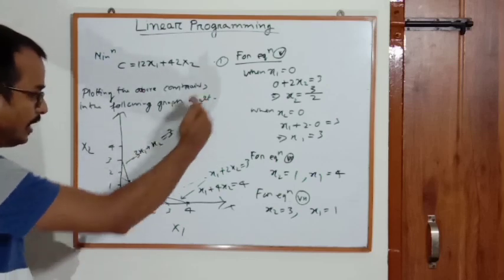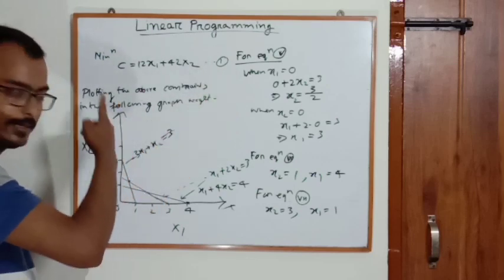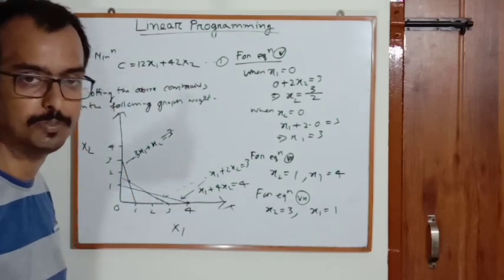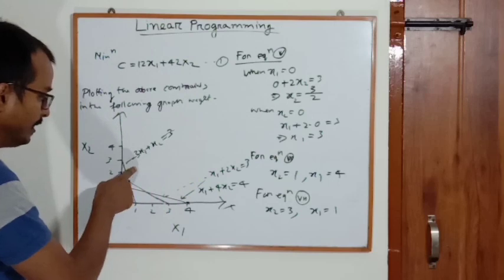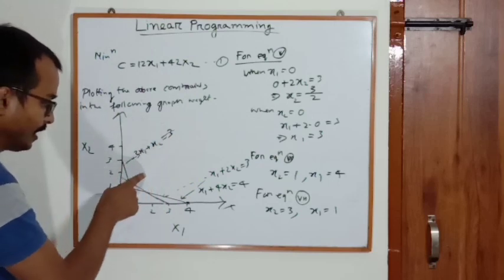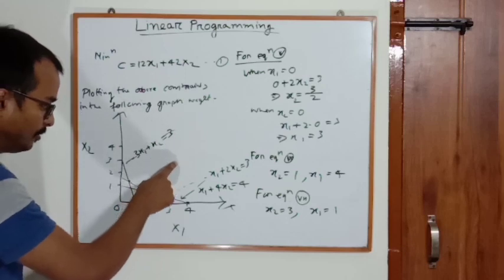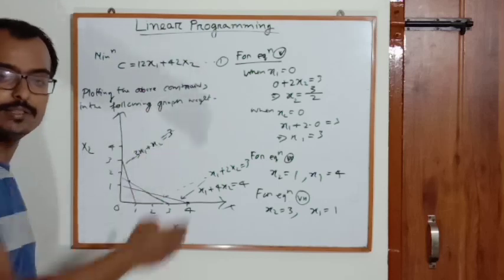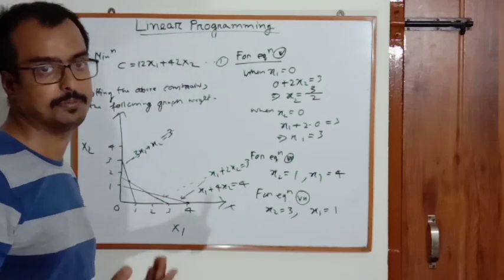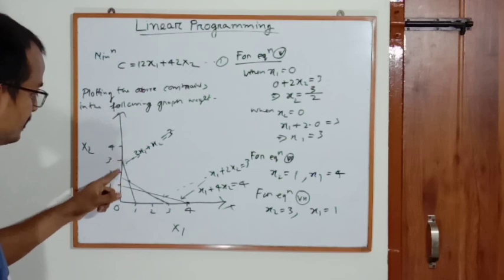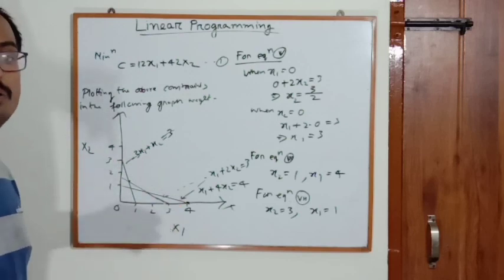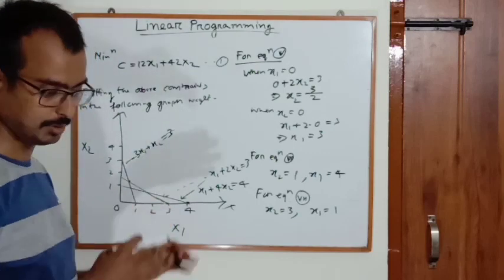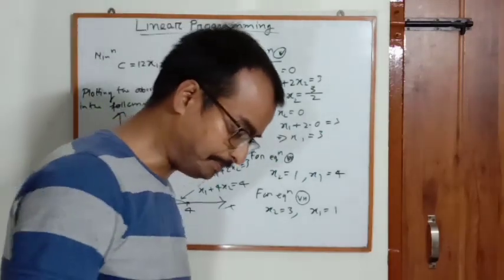If you go this side, this axis will stop you, because the axis means 0, you cannot produce below 0. If you come here, this constraint will stop you. If you try to cross this, this constraint will stop you. So these are the constraints, and these are the corner solutions. Those who don't have the idea of corner solution, go to my last video, it will be clear.